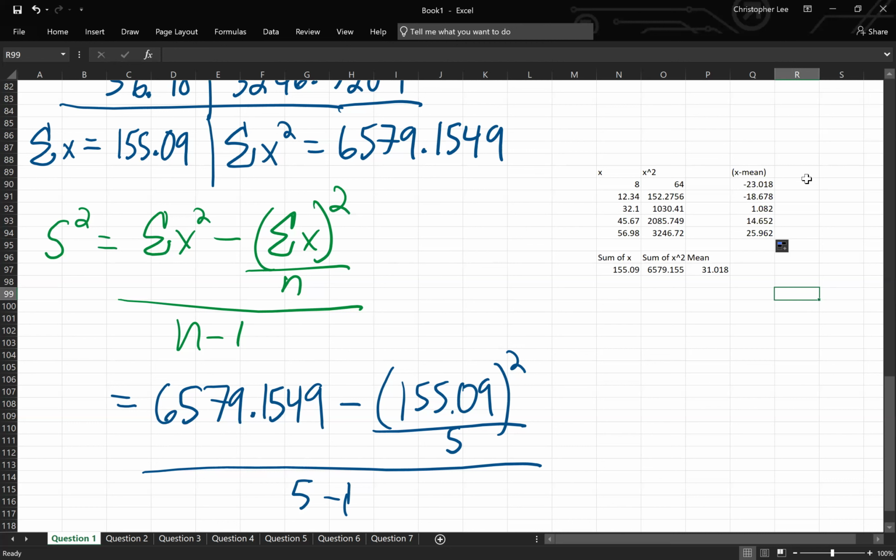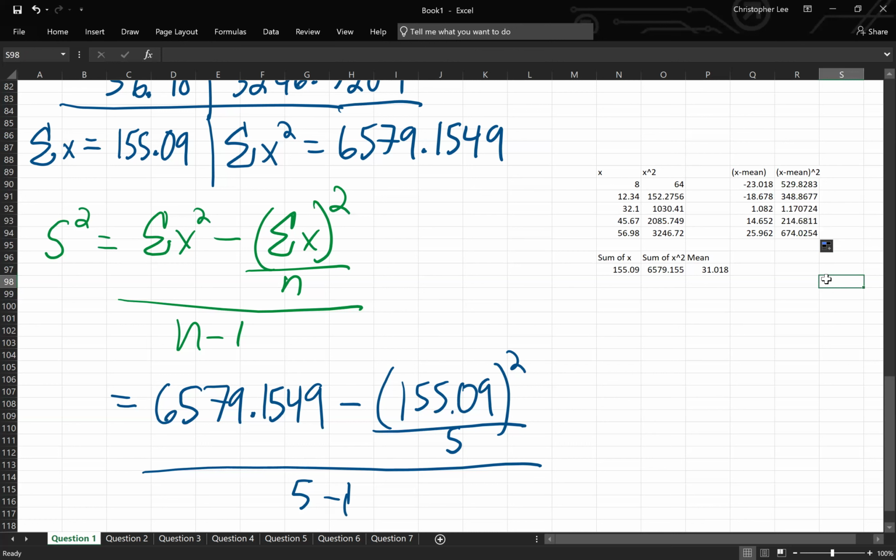Next, I want to square all of those terms. So x minus the mean squared. Let's take a look at what that is. Again, I don't want no rounding.